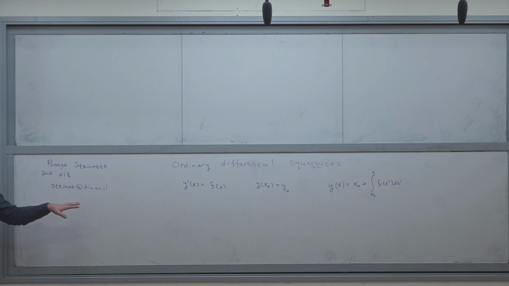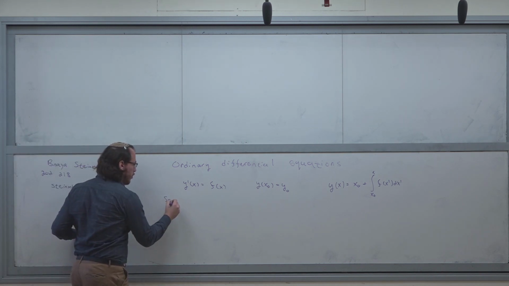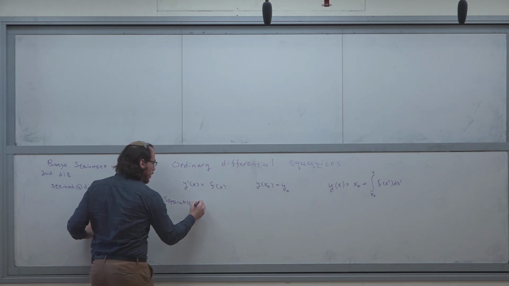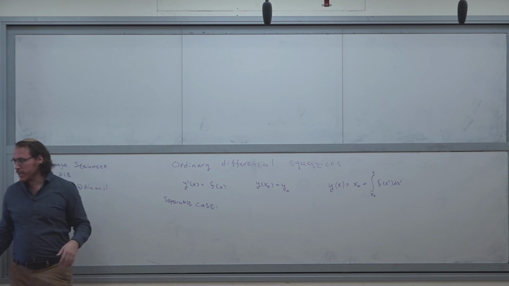I need to do an example for that. This is obvious, right? Okay. So moving ahead. The next best thing is the separable case. So what is a separable case?